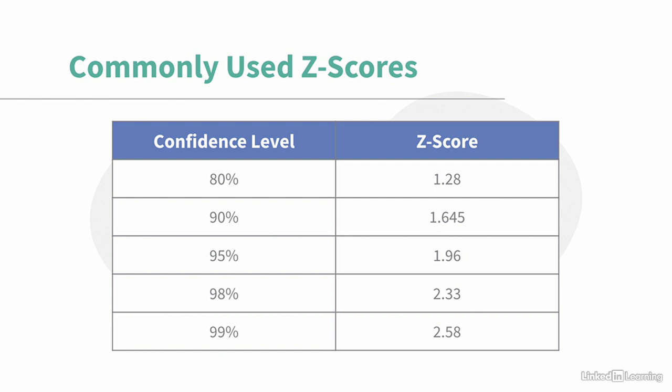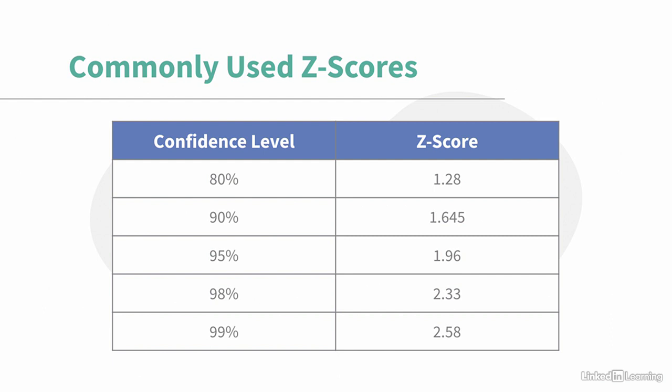Most analysis in business operates at the 90% or 95% confidence levels, so z-scores of 1.645 and 1.96 respectively. Getting enough samples to reach the 98% and 99% confidence levels can be expensive. If you can do it, great, but 90 and 95% are much more common.